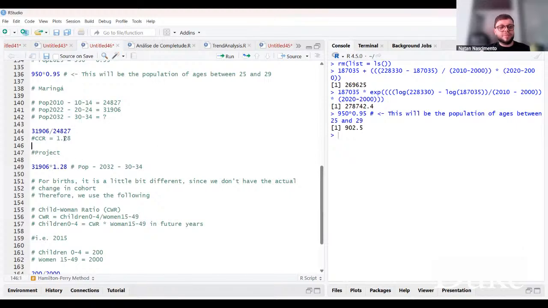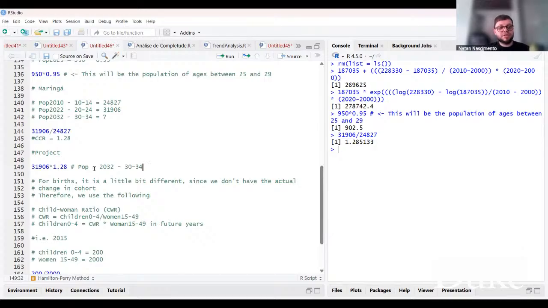We do that by dividing the population in 2022 by the population in 2010. It gave us approximately 1.88. We can round this up. We don't need to use the entirety, but we can if we want it more precise.